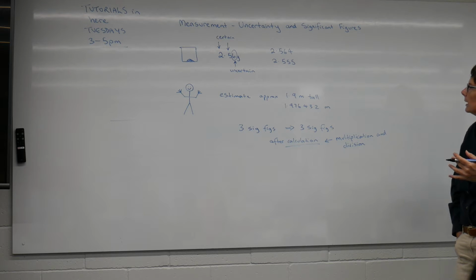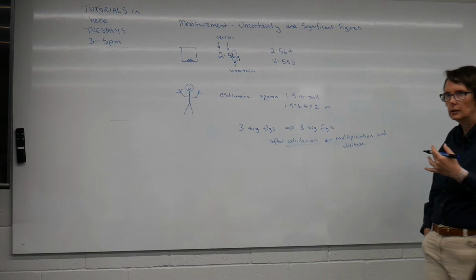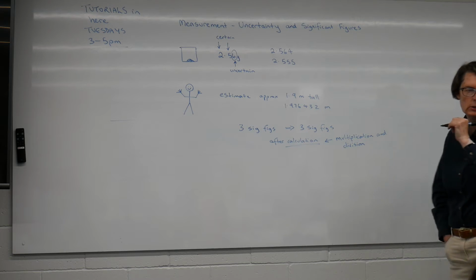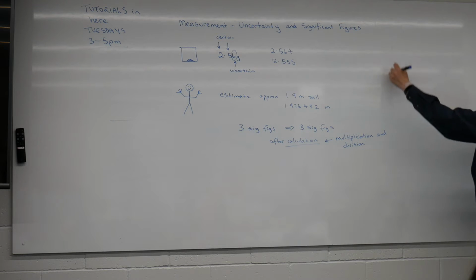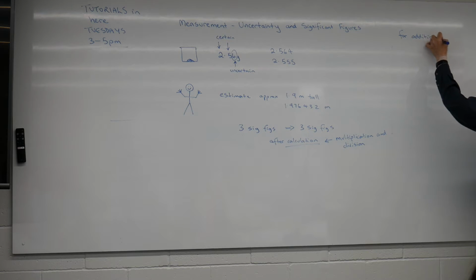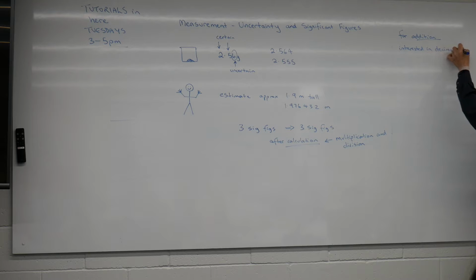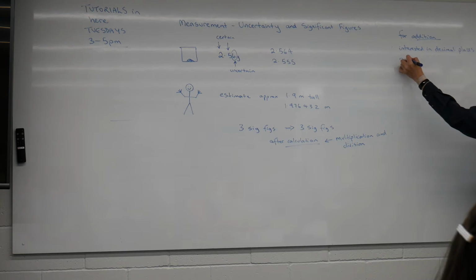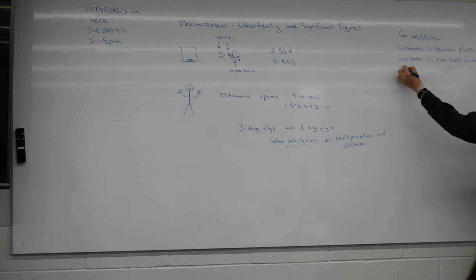But we do add and subtract. We might be adding masses. So if we're trying to determine the molar mass of a substance, we're going to be adding atomic masses together. And so if we're adding, we are interested in decimal places, and we answer to the least number as given in the question.